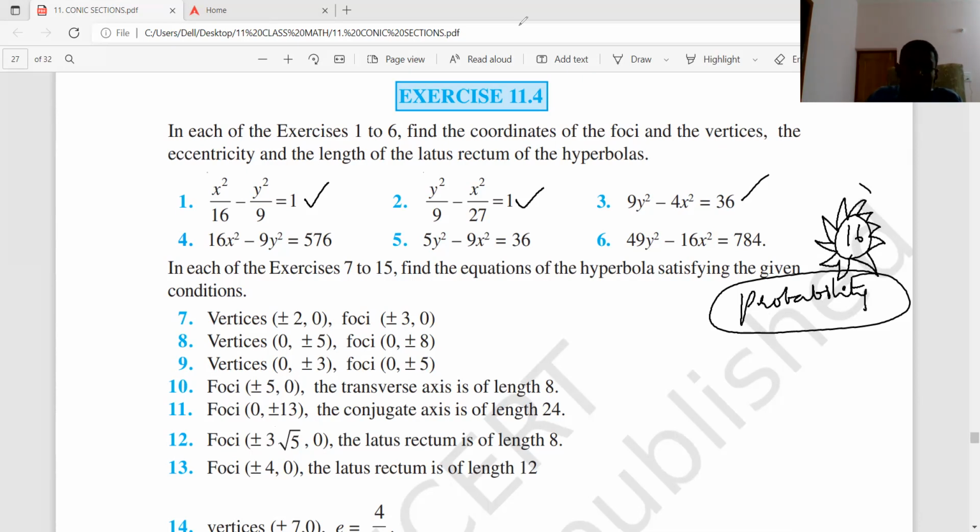Okay. Yes, sir. So after probability, can we do limits and derivatives, or should we go in order only? First of all, this is term 2, no? Term 2 means the whole syllabus will not be there, right? No, sir, not the entire syllabus. What are the topics you have, you tell, and then we'll start accordingly.